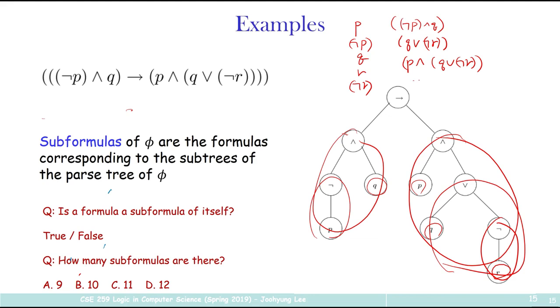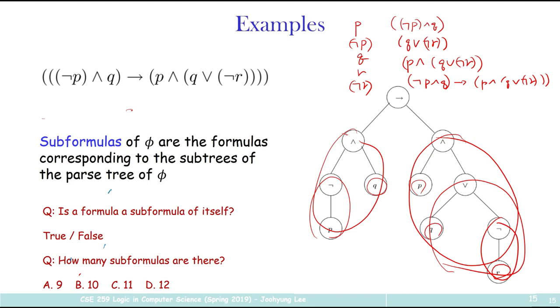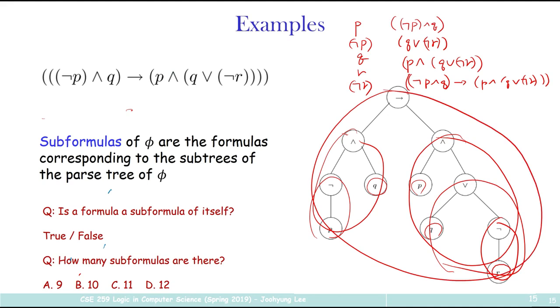Okay, so the whole thing is also a formula. So how many are there? 9. So some of you probably counted twice for P and Q, but I asked you about the formulas, not the occurrences of formulas. So the correct answer is actually 9.